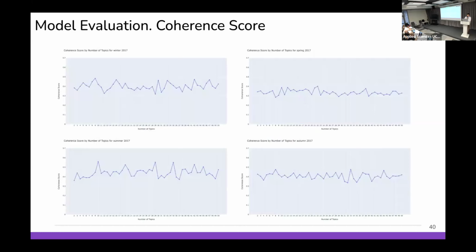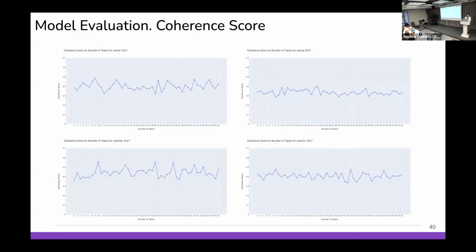To find the optimal number of topics, we were experimenting with different numbers of topics. We started with 2, finished with 50, and mostly we were selecting the highest coherence score in order to find the optimal number of topics.